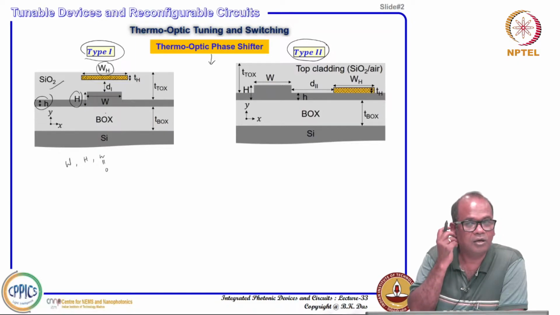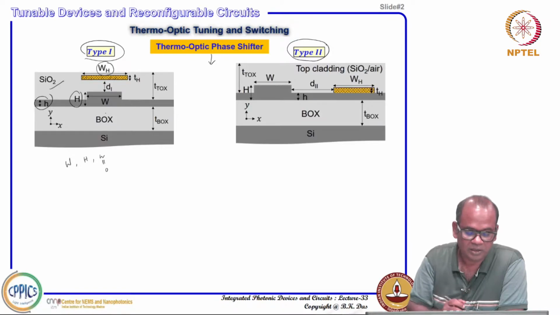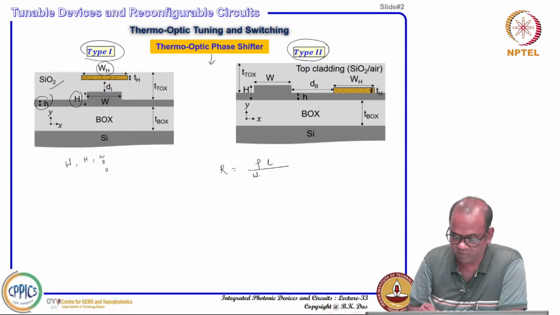Depending on the thickness and width, you get the resistance of the micro heater. The resistance is rho, the resistivity of the deposited material, multiplied by length divided by the area A, which is WH multiplied by TH. That is the resistance.